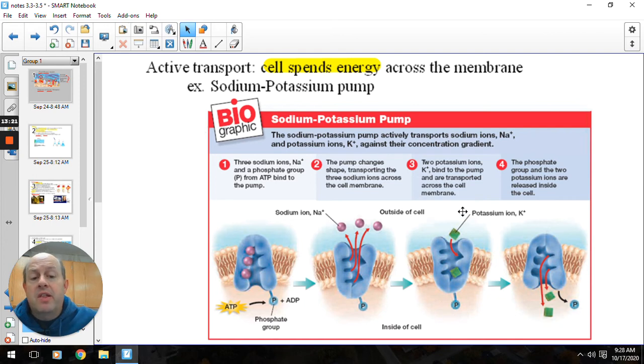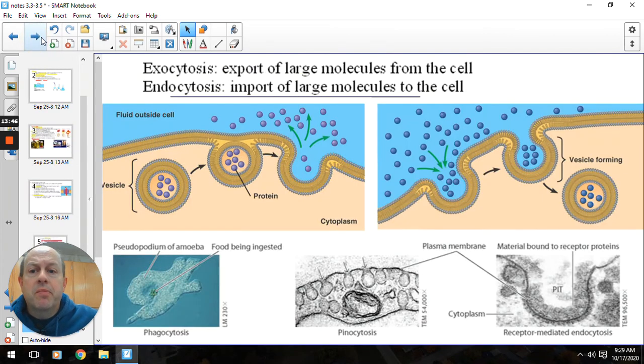There's already a lot of sodium on the outside and a lot of potassium on the inside, so we're going against the concentration gradient. There's also an electrostatic gradient that we have to go against. All of this costs energy, and that energy is in the form of ATP. So that's one very common example of active transport, the sodium-potassium pump.